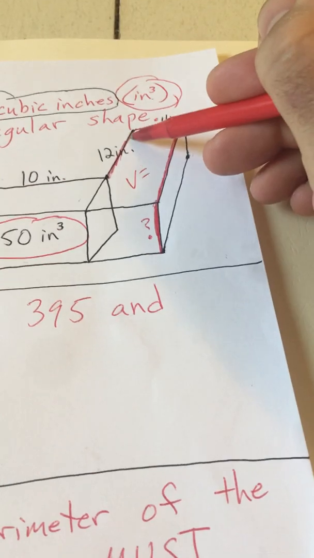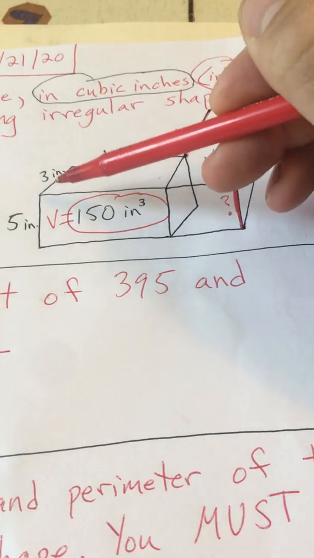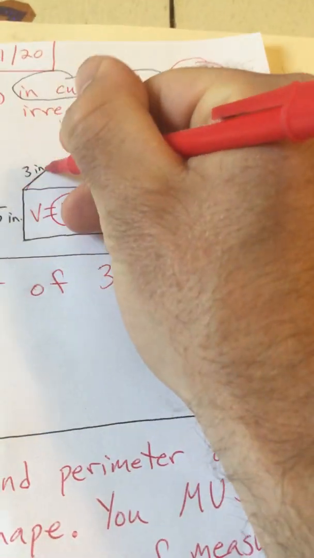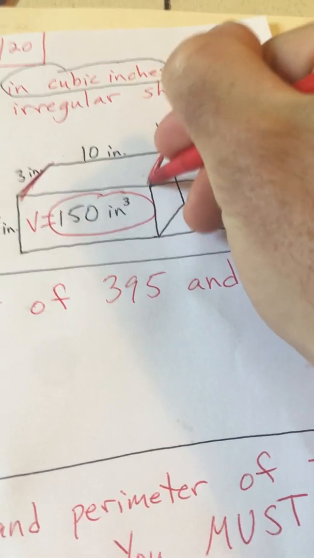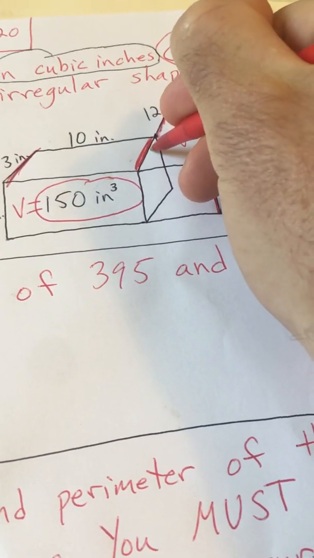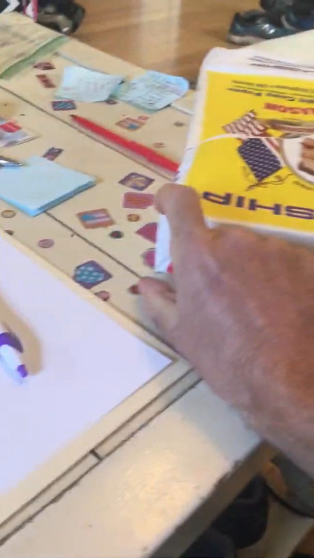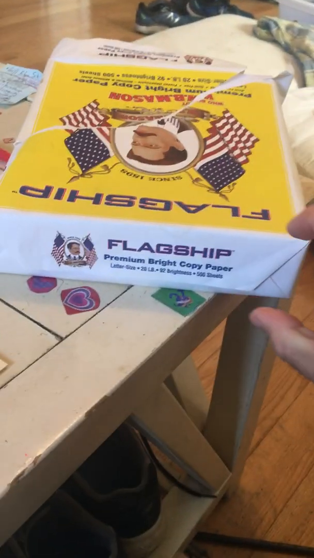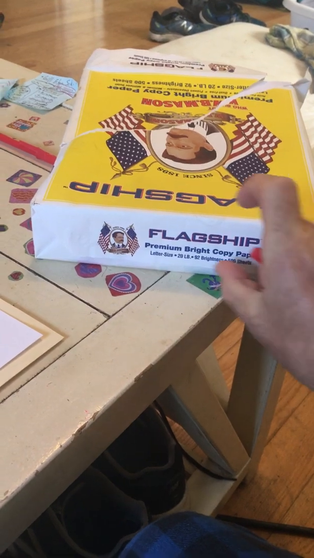Okay, so if this is 12, we've got to find out how much this is. So we've got to look at this other side of the box. If this side of this rectangular prism is 3 inches, this is just the other side, so that is also 3 inches. Look at this packet of paper for an example, right? This side and this side are the same. We're just looking at the other side.